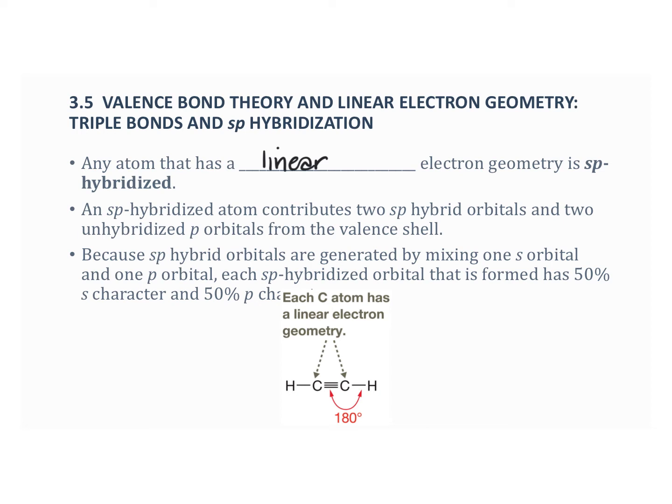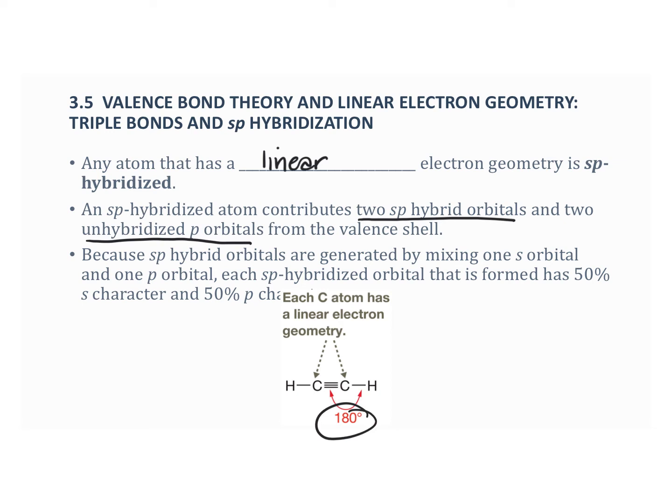A few things to note here about sp hybridization: it contributes 2 sp hybrid orbitals and 2 unhybridized p orbitals from the valence shell. The hybrid orbitals point 180 degrees apart along the same line.